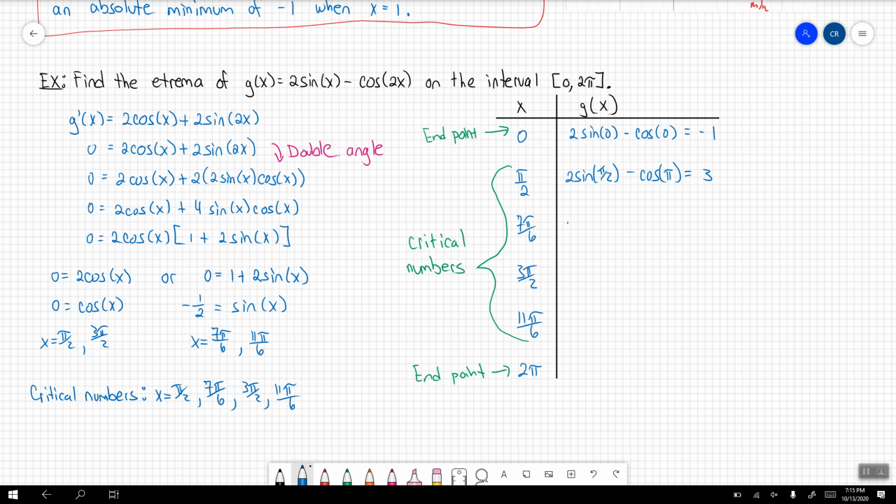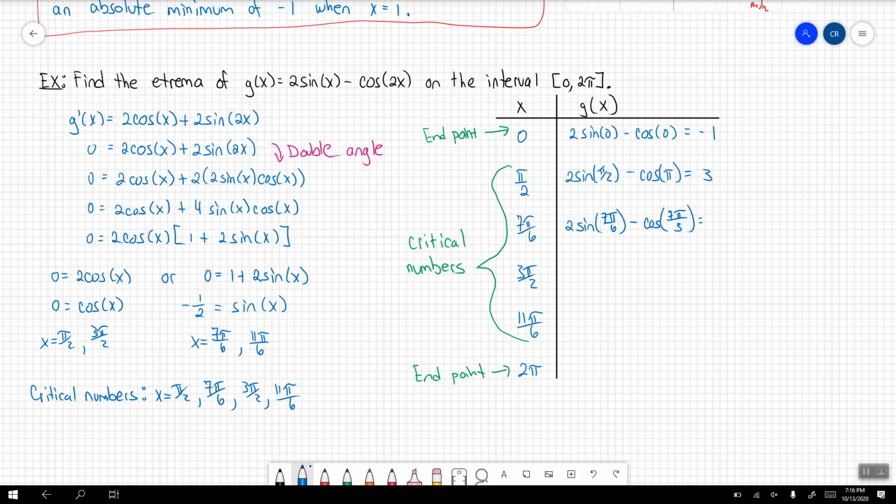Looking at the next one, 2 times sine of 7 pi/6 minus cosine at 7 pi/3. Because remember, 7 pi/6 is going to be multiplied by 2 with the initial function, because we have cosine of 2x. So 2 times 7 pi/6 is really just 7 pi/3.